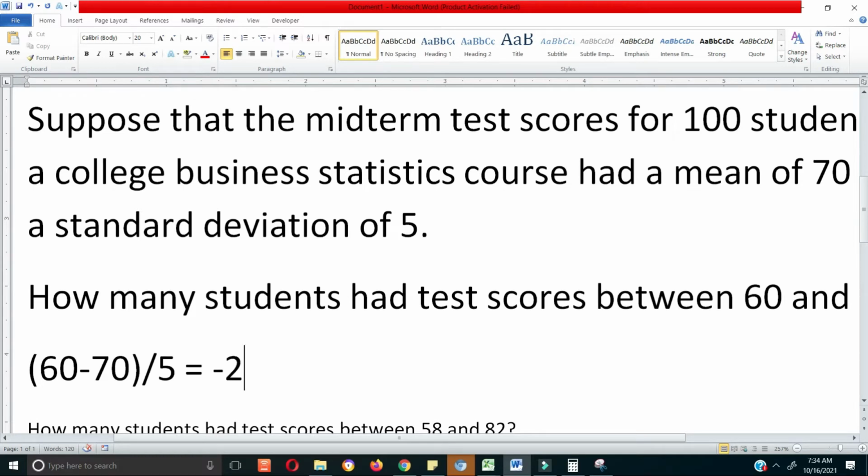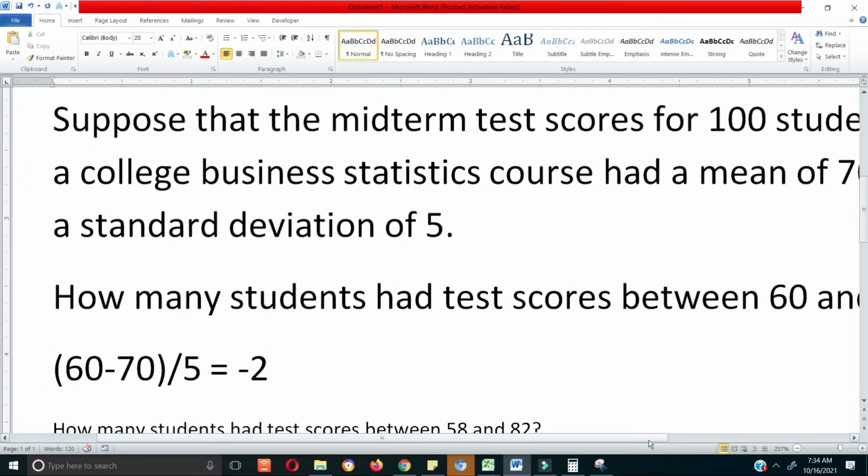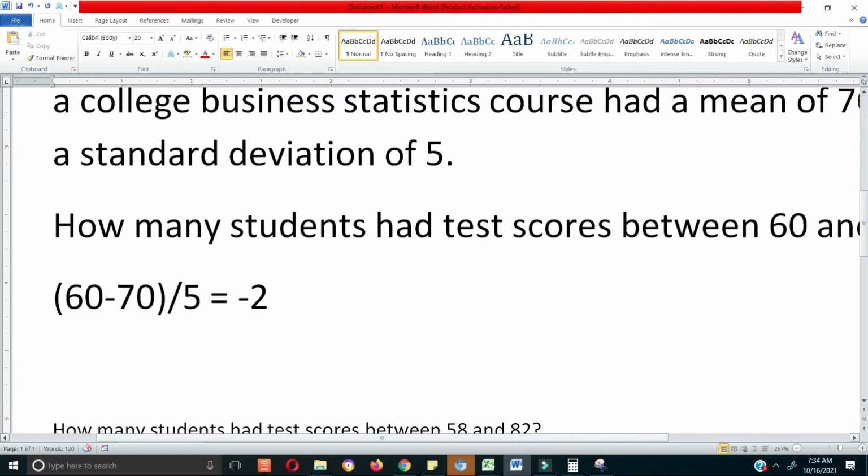Then between 60 and 80, we said, the 80 gives us something similar. 80 minus 70 is 10, over 5. In this case, we get a positive 2. So you see, this value is within 2 standard deviations of the mean.